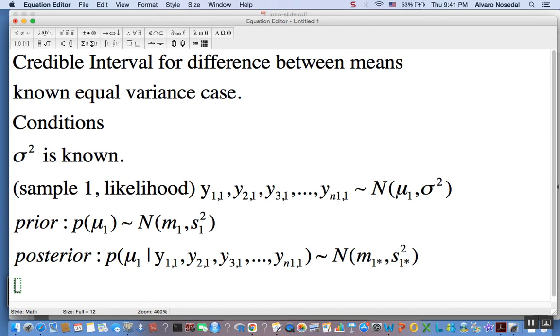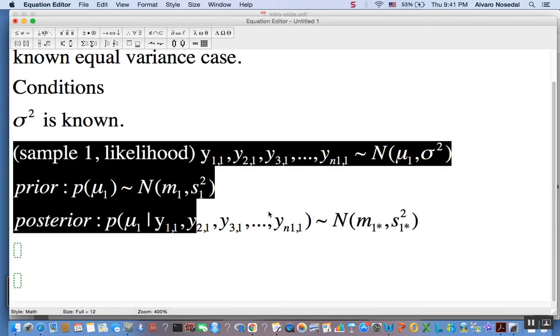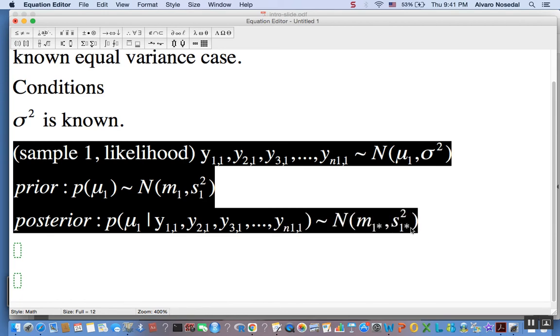Okay, so just like we had a first sample, since we want to study two means from two independent normal random variables, we are going to have a similar situation for a second sample. Let's recycle this.